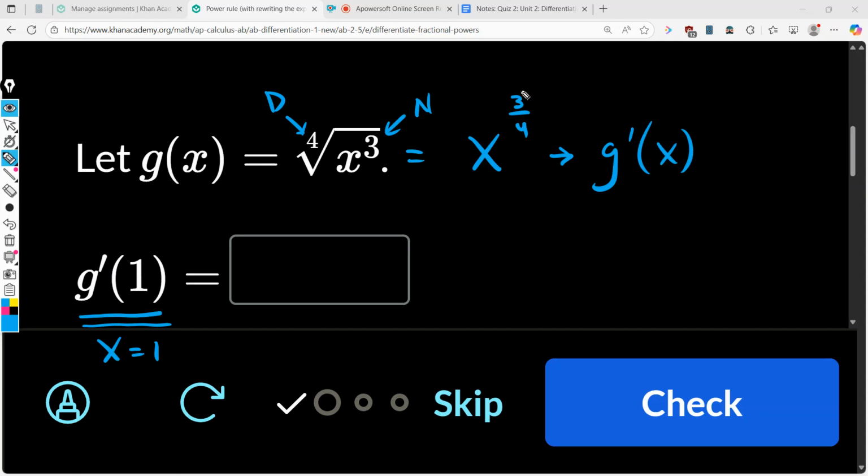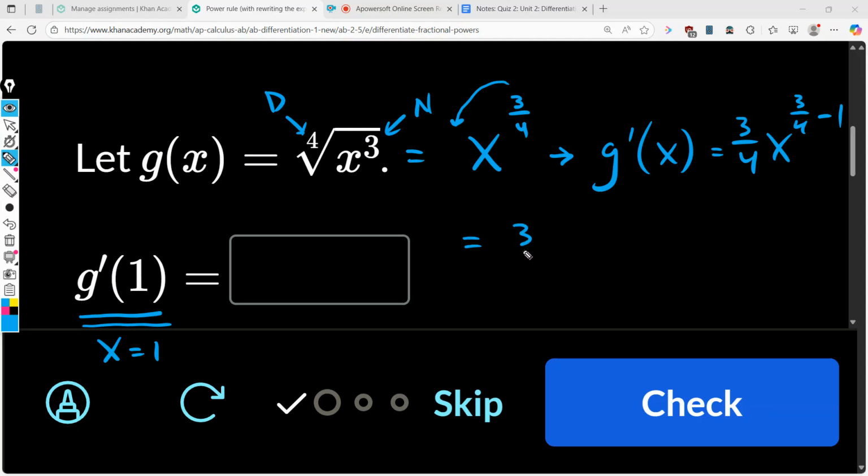Okay, and if we do g prime of x, you take that 3/4, you move it out front. So that's going to be 3/4 times x, and you subtract 1 from the exponent, so that's going to be 3/4 minus 1.